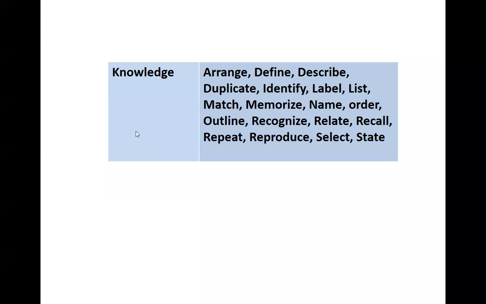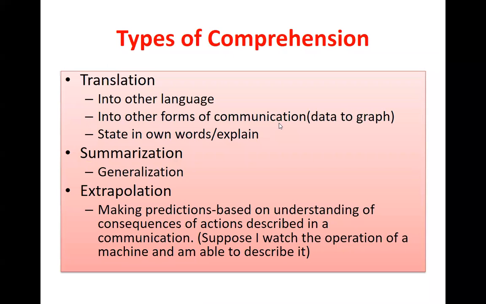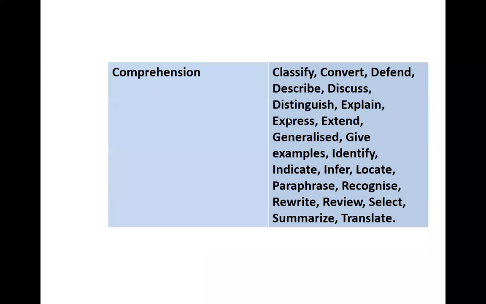Okay, and these are the verbs, nouns which define the knowledge level. Name, all these things can be used for representing knowledge. Comprehension also, you have got a list of nouns specified over here.